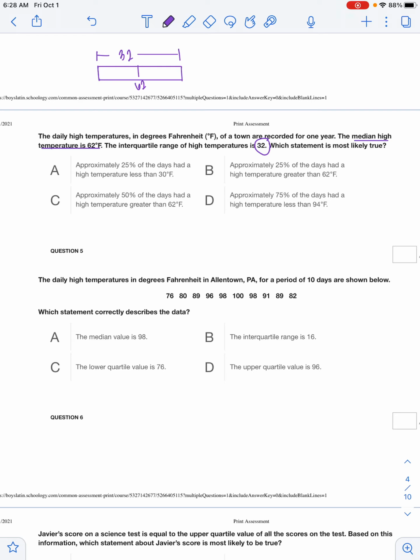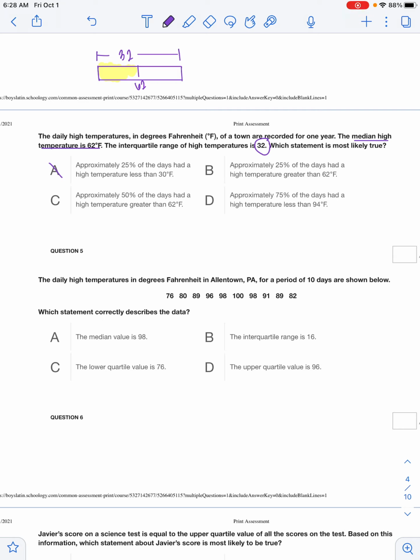So the first answer says approximately 25% of the days had a high temperature less than 30. Now, we don't know that because you could have a very high collection of data points between 62 and Q1. Maybe there's a ton of data points right at 60, and then Q1 might be much higher than 30 degrees Fahrenheit. So A is not true.